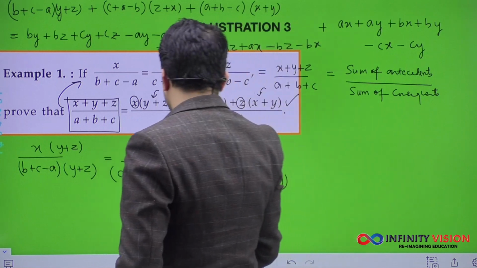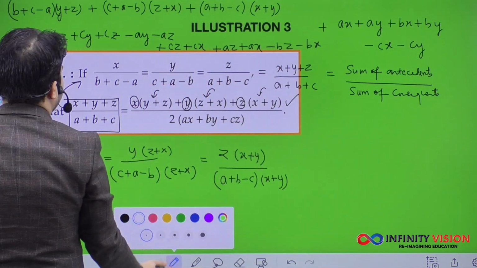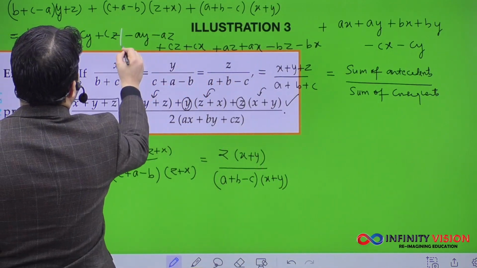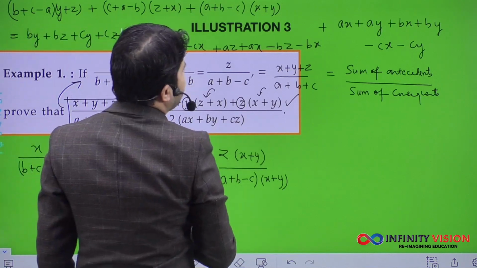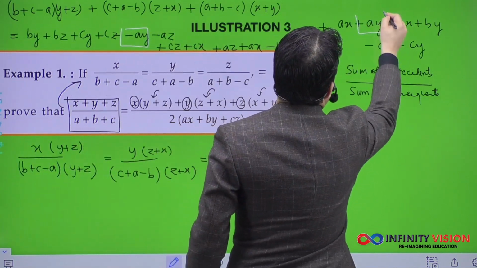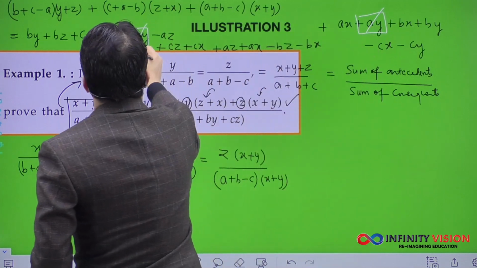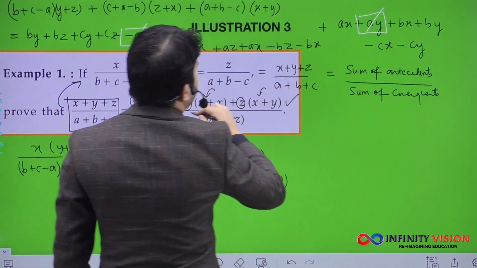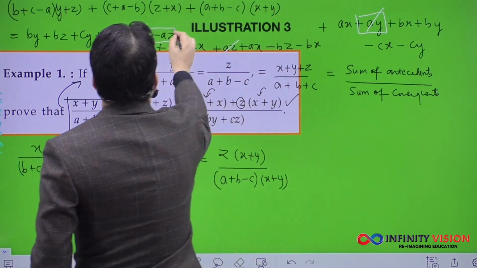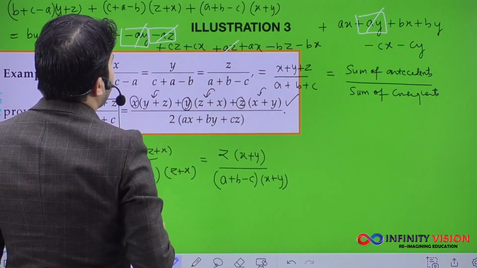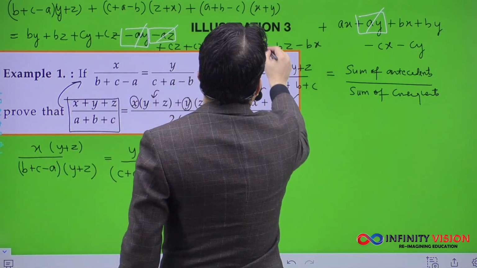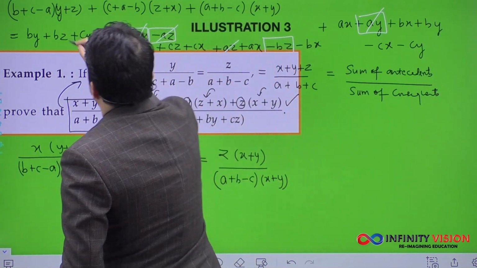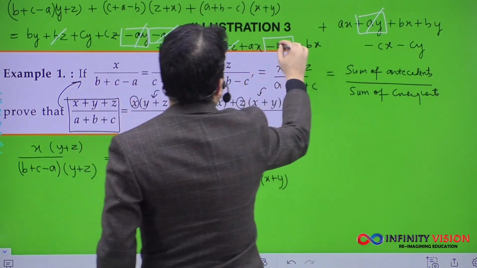Now notice how many of them are being cancelled. You have minus ay, which is being cancelled by ay, out, out. Now you have minus az, which is being cancelled by az, out, out. Now you have minus bz, which is being cancelled by this, so this is out, this is out.